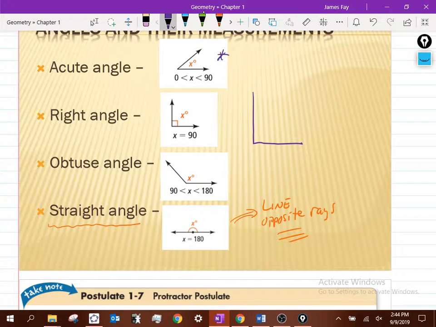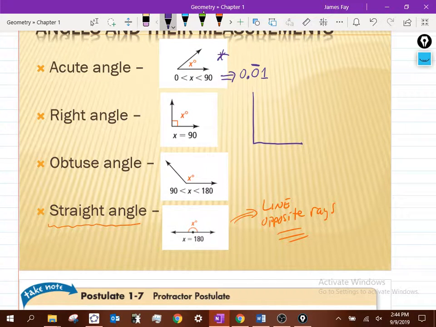When we have inequalities like these, when I say 0 is less than x is less than 90, that does not mean that 1 is the first value you look at and 89 is the last one. Does that make sense to everybody? When I see 0 is less than x is less than 90, that implies an angle that could be 0.0, repeating that forever, and then a 1 after it.